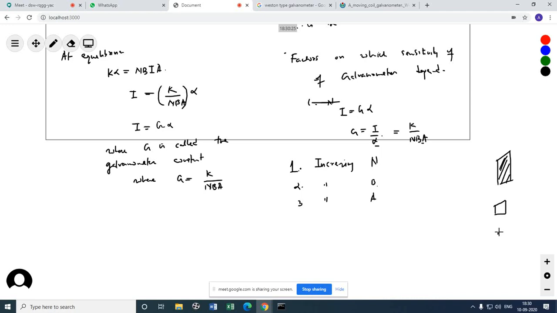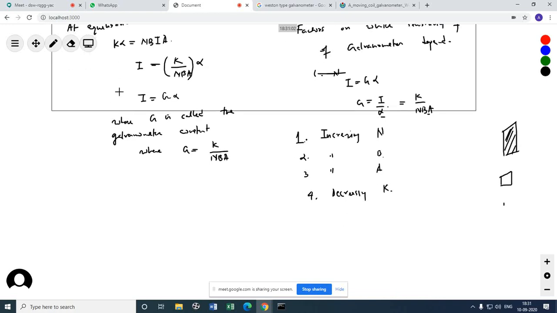So instead of a square, if I fit in a bigger square, it will be more sensitive. 4th one, decreasing K. I told you, that's why I gave you that hint. Decreasing K means decreasing the stiffness. If it decreases, it will be more sensitive. You will be able to detect even smaller currents. Okay.